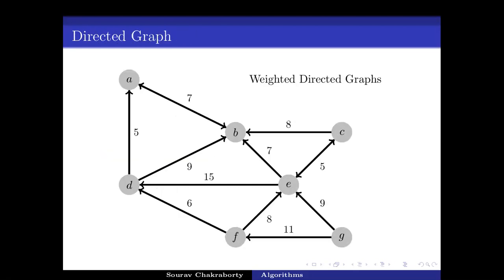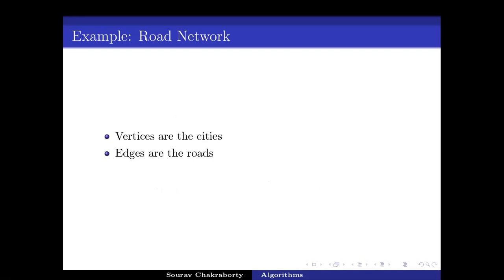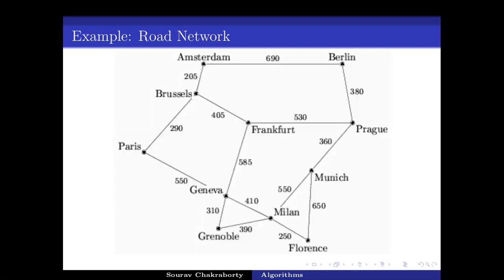So let's move on to real world examples. Suppose there is a road network, and vertices are cities and edges are the roads, like Amsterdam, Berlin, Brussels. Suppose I'm a tour operator and I want to design a tour that travels some set of cities like Amsterdam, Brussels, Frankfurt, and from a business perspective I obviously want to design a tour that uses the minimum amount of oil to reduce the cost.